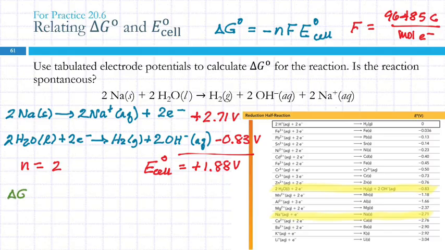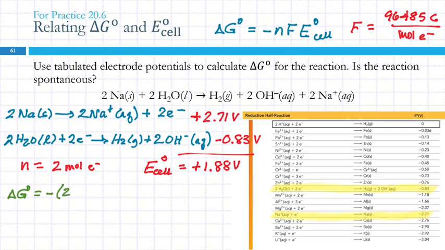So delta G for this is going to equal negative N, and technically this would have a unit moles of electrons.